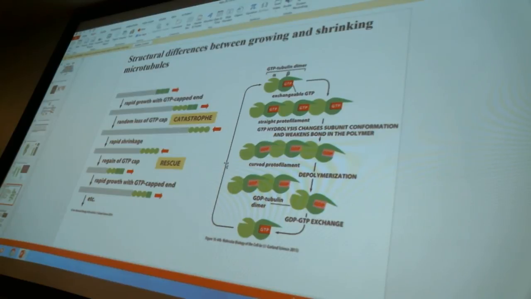And it can shrink very rapidly and very dramatically, because basically only the cap within the microtubule contains the GTP bound molecules. So there's a lot of tension within the microtubule itself. As long as there are GTP-bound tubulins present at the very end, at the plus end, the microtubules are not collapsing. But once the very end has undergone hydrolysis, there is a collapse.